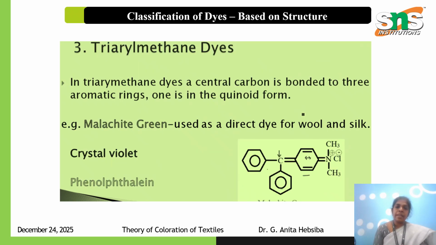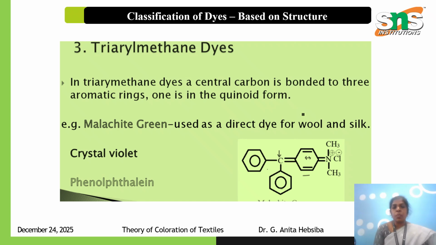Third one is triaryl methane dyes. Here the word triaryl methane means it is a substituted methane, that is, the three hydrogen atoms present in the methane are now substituted with three phenyl rings, so three aromatic rings.